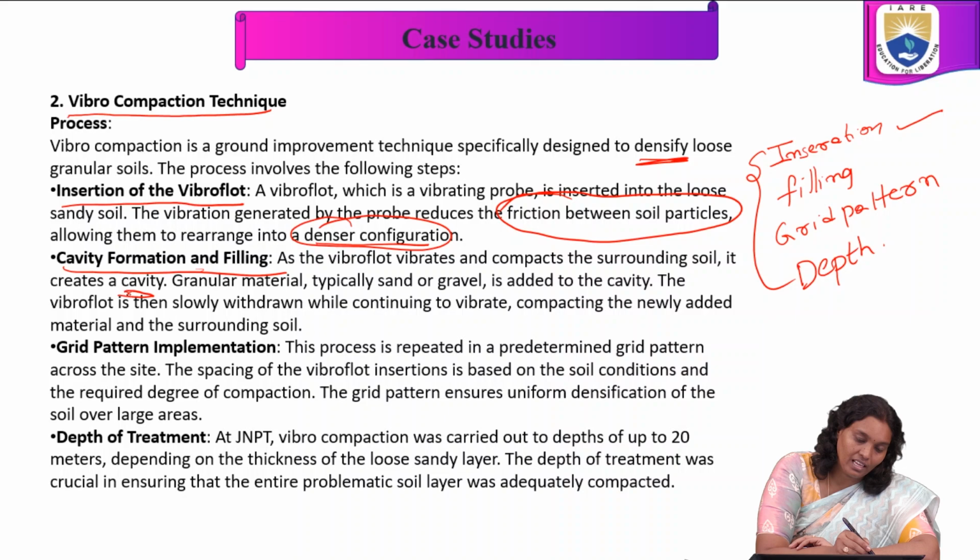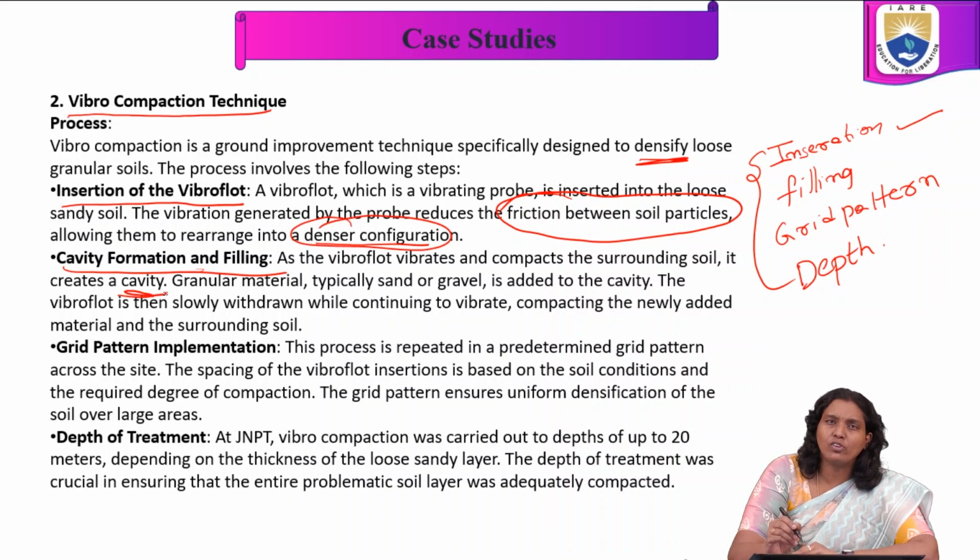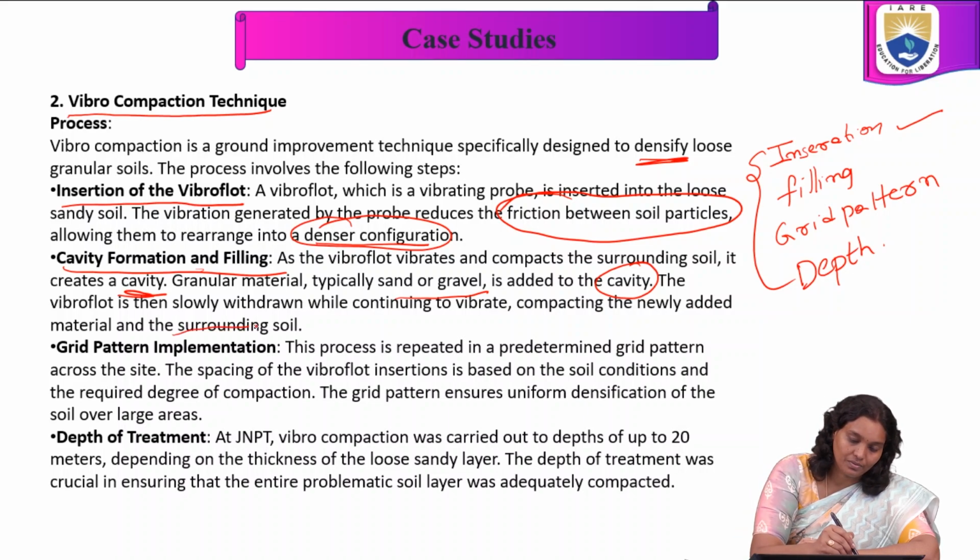Granular material, typically sand or gravel, is added to the cavity. The vibro float is then slowly withdrawn while continuing to vibrate, compacting the newly added material and the surrounding soil. We are filling in the granular material.